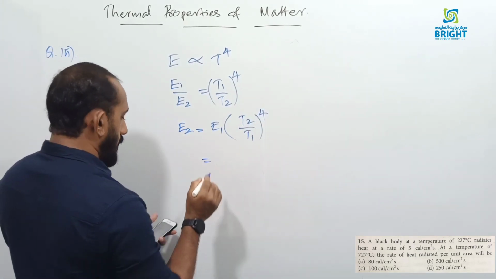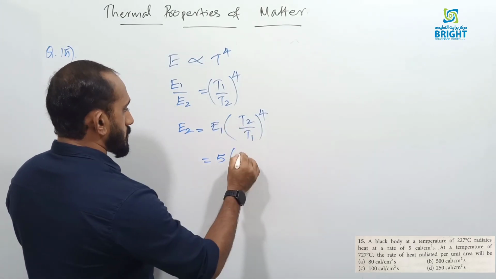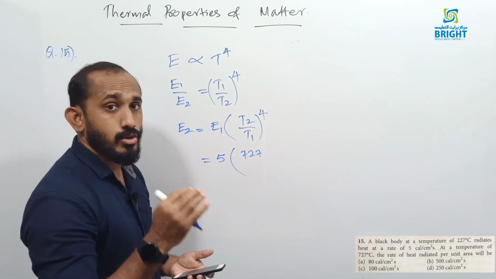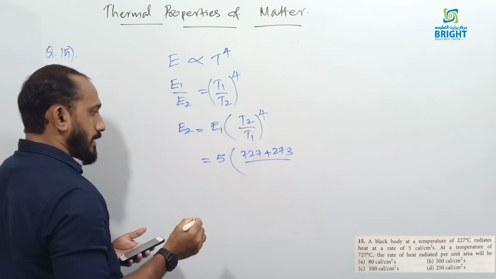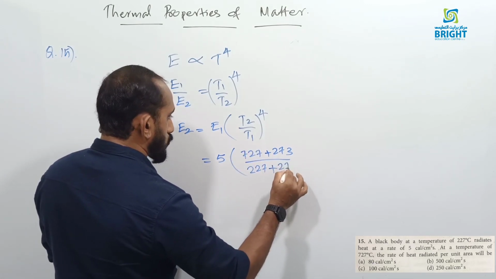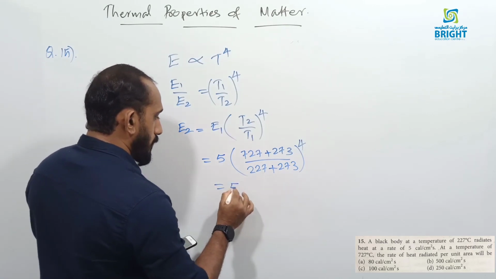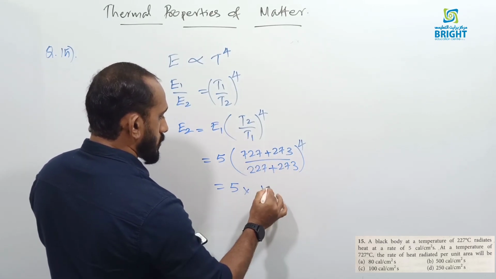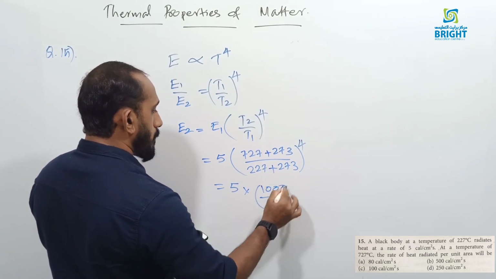So we have E1 given as 5, into T2 which is 727 degrees Celsius, you should convert to Kelvin, so plus 273, by T1 which is 227 converted to Kelvin, plus 273, power 4. That is 5 into 1000 divided by 500, all power 4.